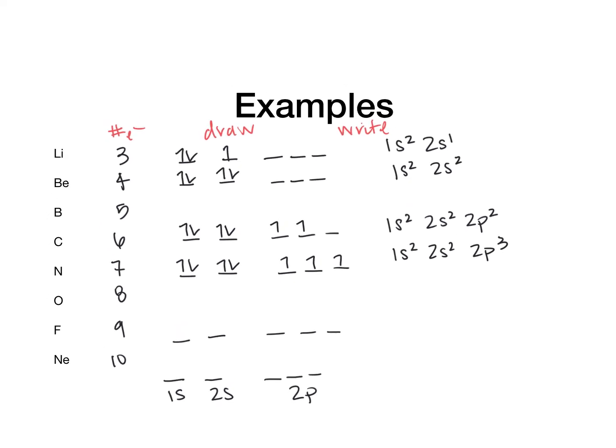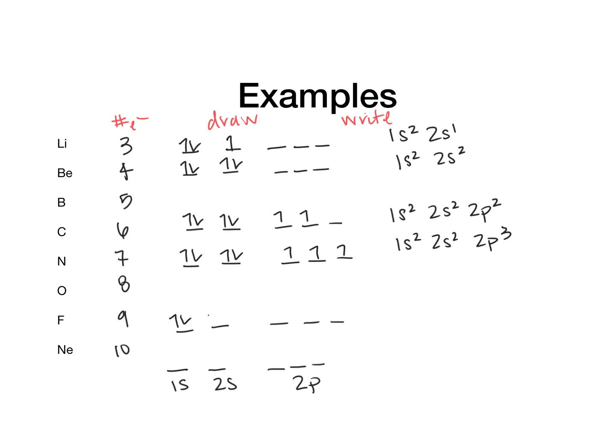For fluorine, we have 9, 1, 2, 3, 4, 5, 6, 7, 8, 9. So that is 1s2, 2s2, 2p5. And neon has 10, 1, 2, 3, 4, 5, 6, 7, 8, 9, 10.